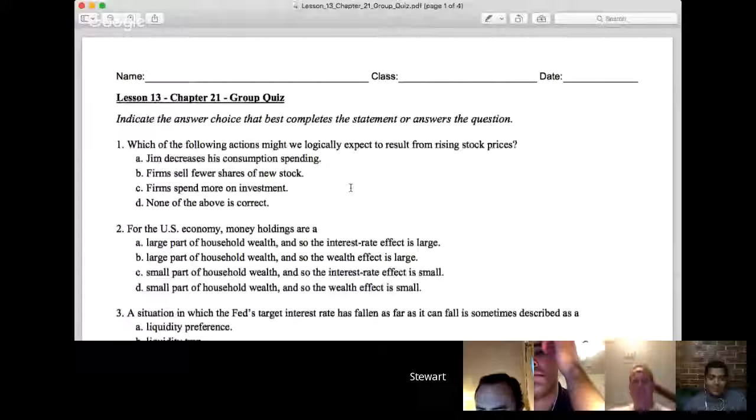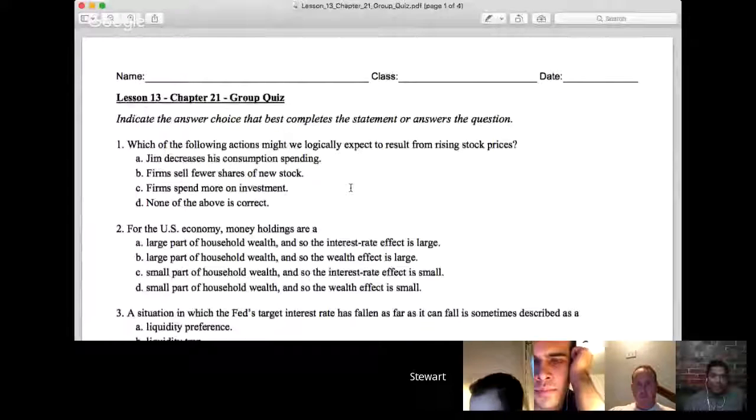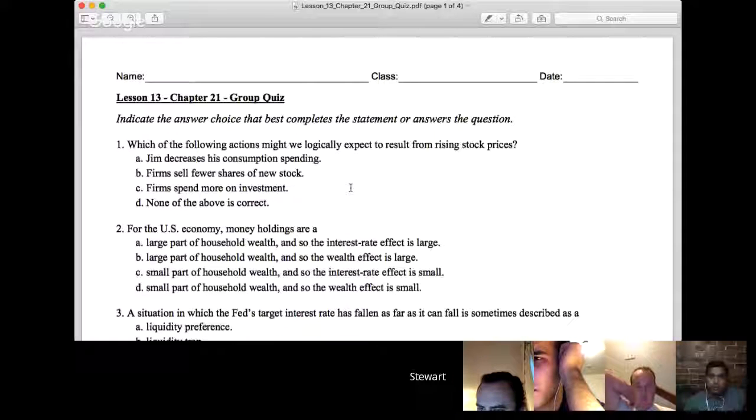So no doubt about it, we may take out A because the stock market booms, people now have more money to spend. And then firms don't sell fewer shares of stock. So to me, it was the only one with C.